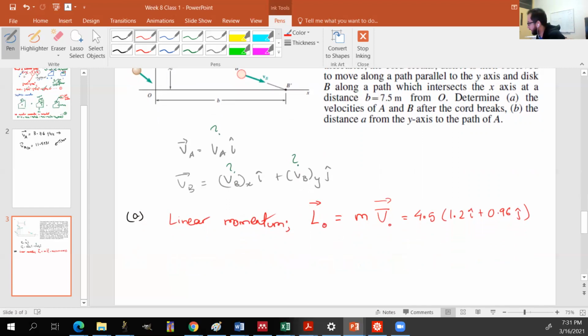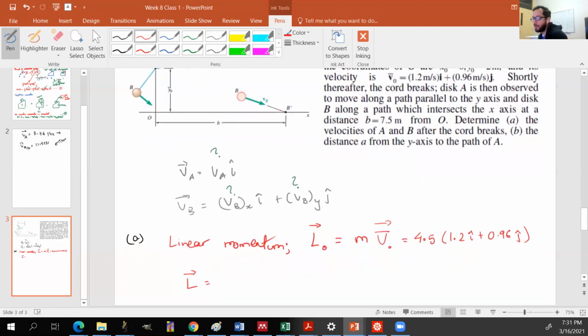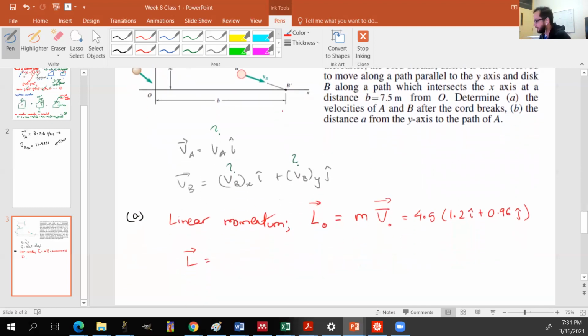Then your final linear momentum of the system, not the final, but the momentum that you're going to equate it to, let's just say that's equal to L, which equals MA times VA i hat plus MB times this vector quantity over here.